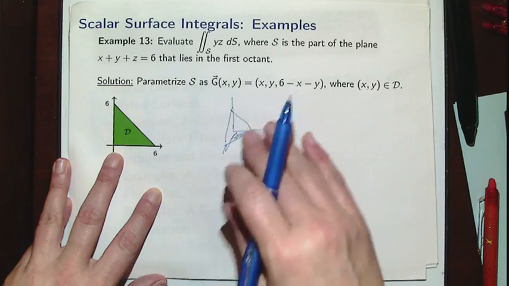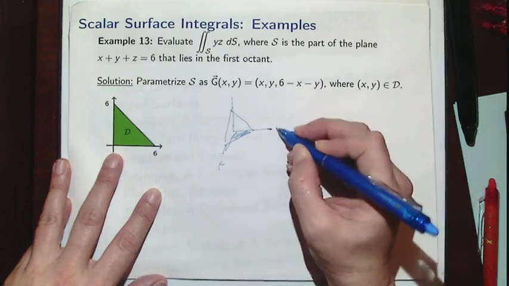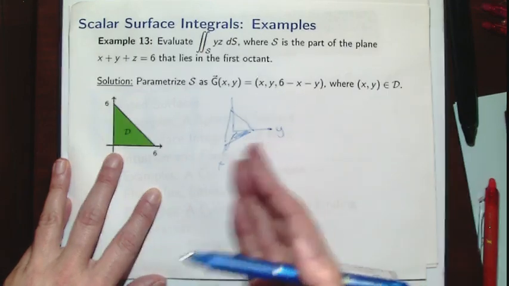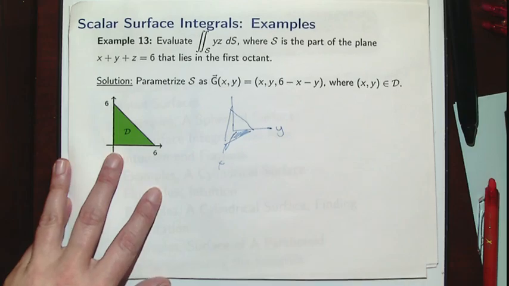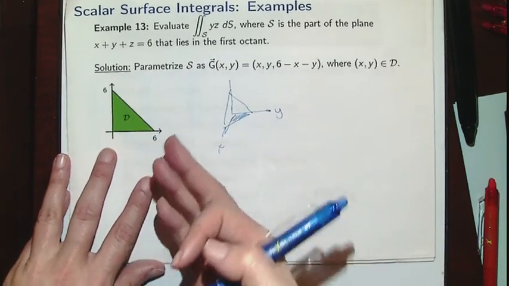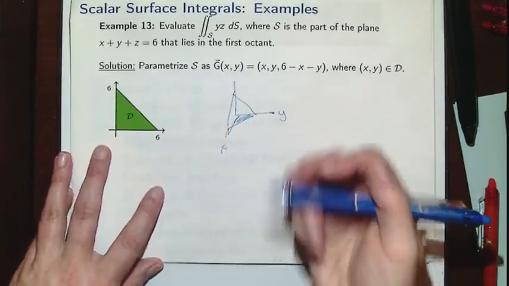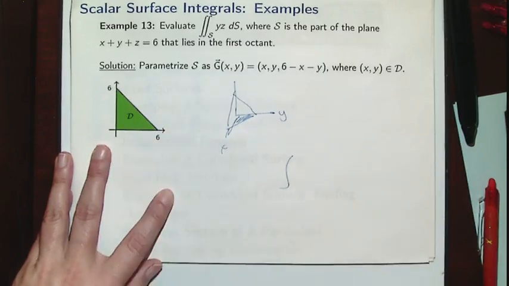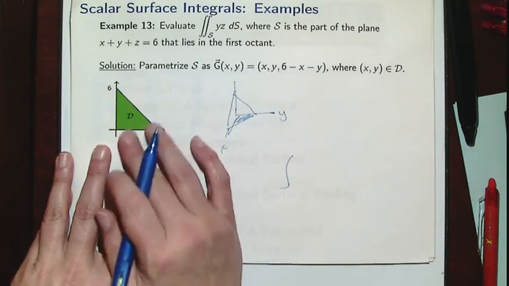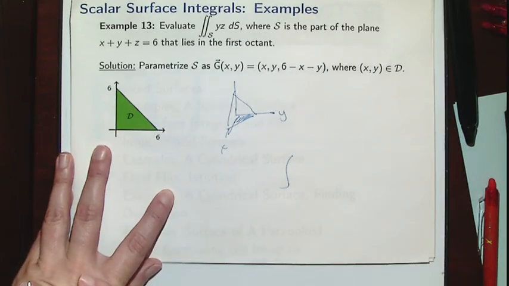And so your u and v are x and y. And the bounds for x and y are not constant. For example, if I'm setting this one up, how should I set up this region?